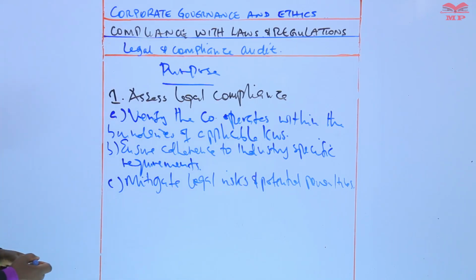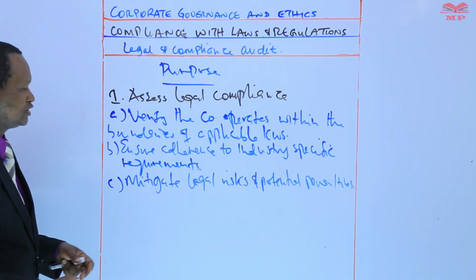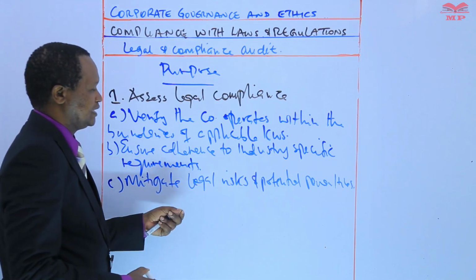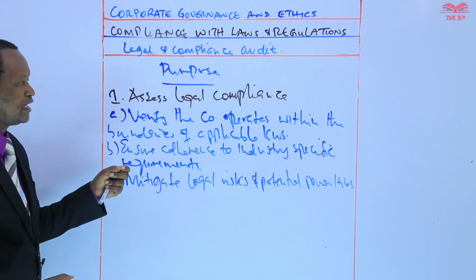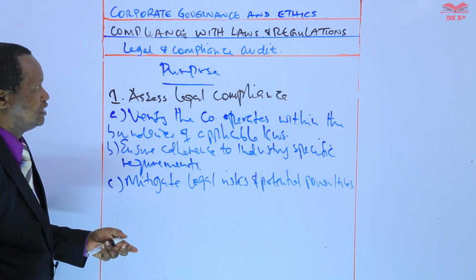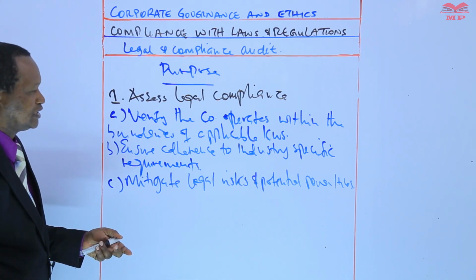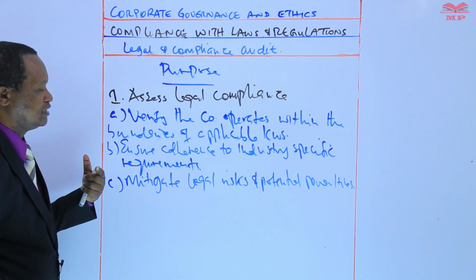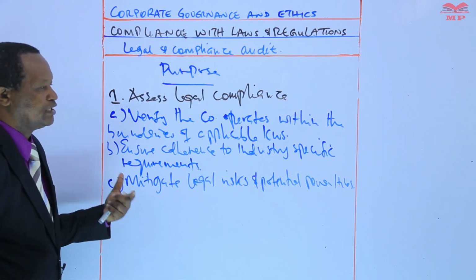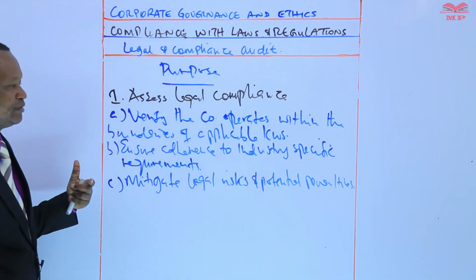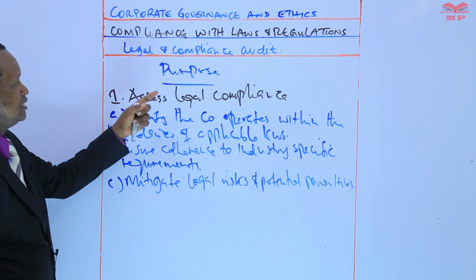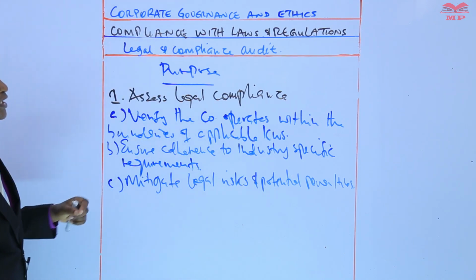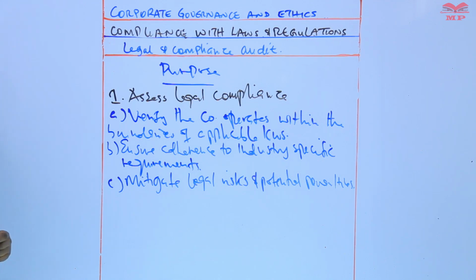One purpose of carrying out a legal and compliance audit is to mitigate against legal risks and potential penalties. Because if companies do not comply with these requirements, then there is that risk that the company may be penalized, the licenses may be revoked. So to mitigate against such risk, it's important that a legal and compliance audit is carried out.